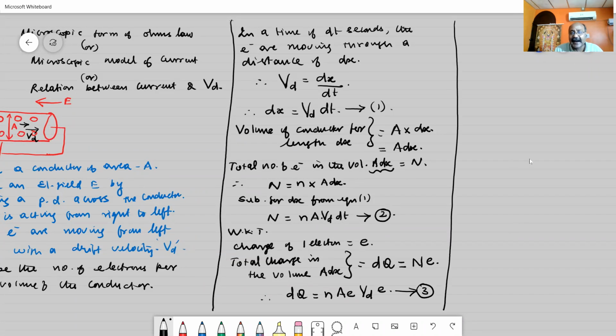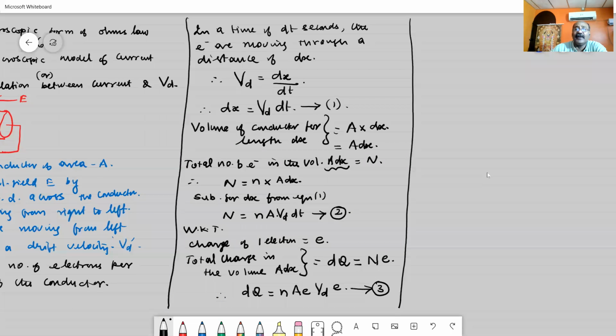How can I calculate the current in that volume? We know that the current I is defined as the rate of flow of charges, dq divided by dt.